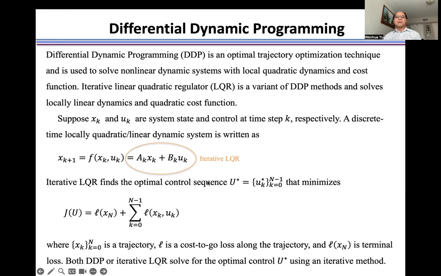However, in robot applications, the iterative linear quadratic regulator is most popular. It solves a system that has a local linear dynamic, but the cost function is still quadratic.